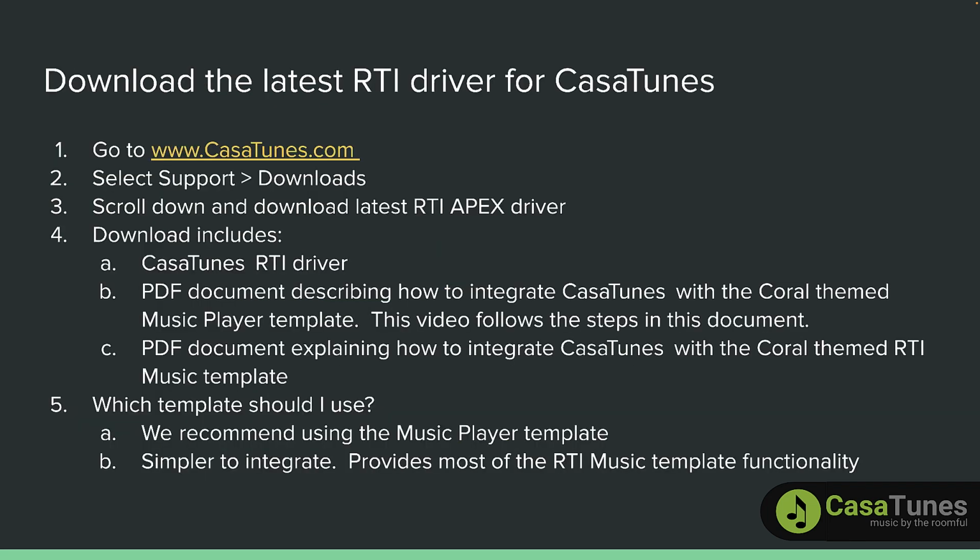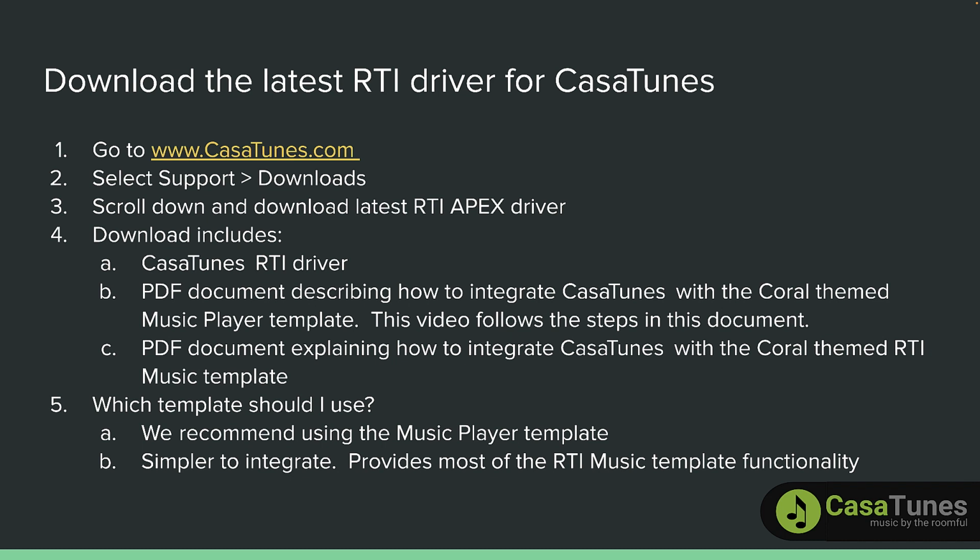Okay. So where do I get the latest CasaTunes driver? Go to our website at www.casatunes.com, select support from the menu, then select downloads from the menu, and then scroll down and select the latest RTI Apex driver.